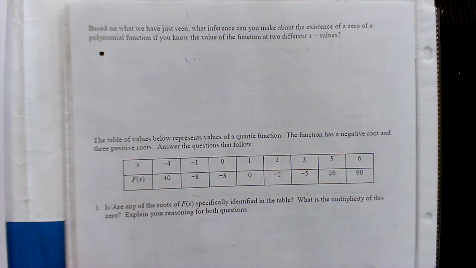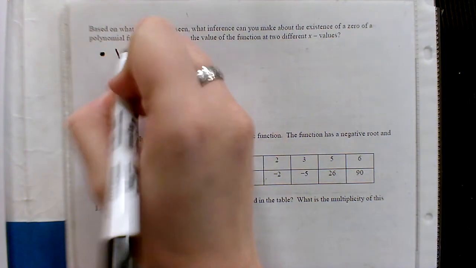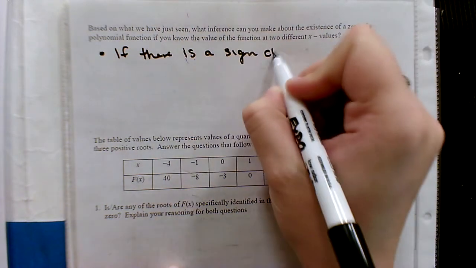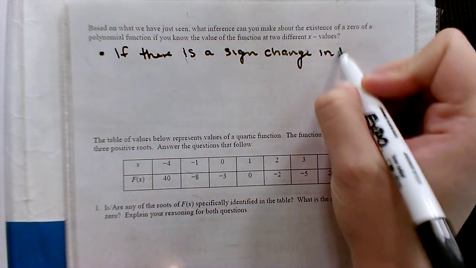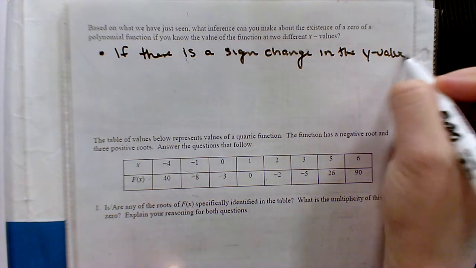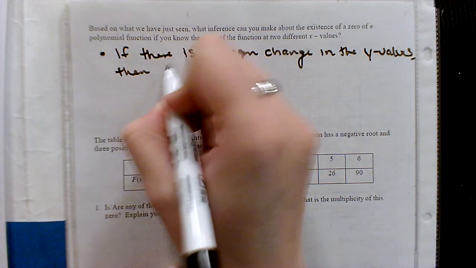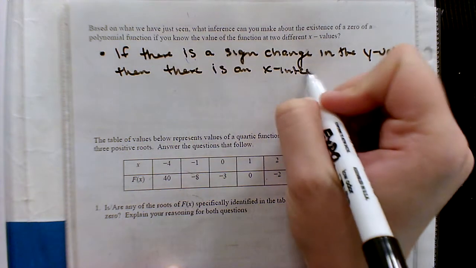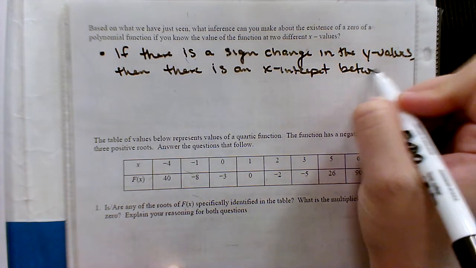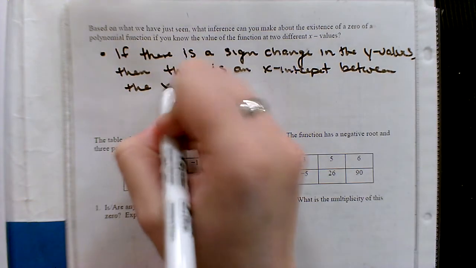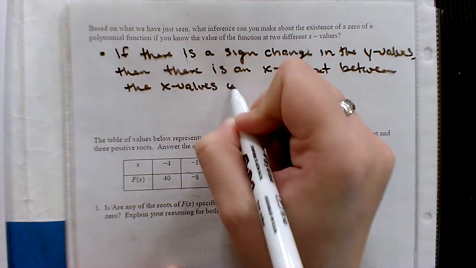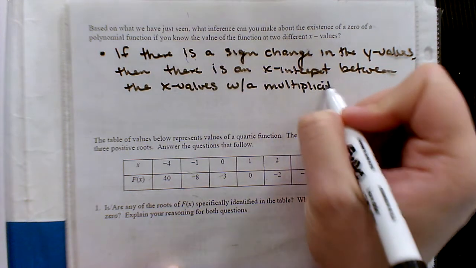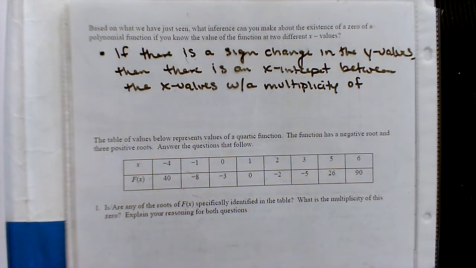So let's say that we do have a sign change. So we'll say if there is a sign change in the x or y values, then there is an x-intercept between the x values with a multiplicity of what?